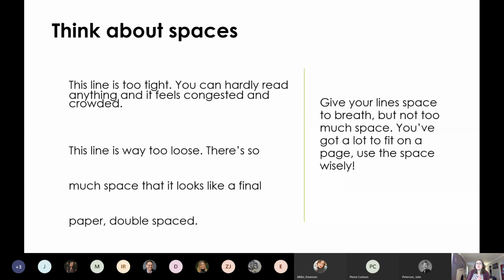Some other things to think about, your line spacing. If you get it too close together, you're trying to fit in more words, it can feel too tight, too congested. Don't do that. If you need to space things out, you don't want it so spaced out it looks like you're trying to fill a page like a paper that you don't have enough words for. So somewhere in between where it's nice to read, but not problematic.